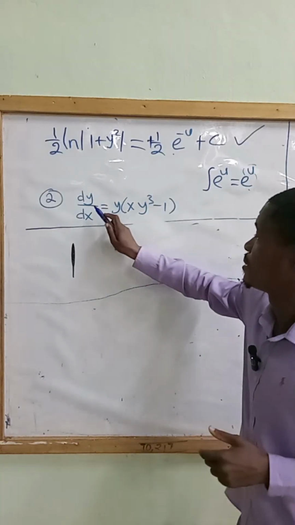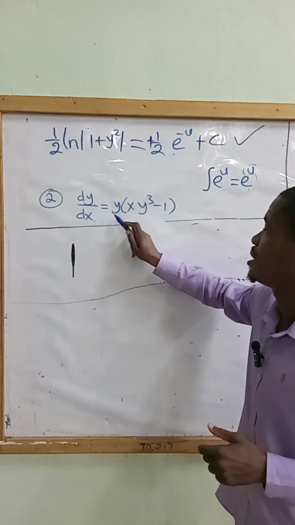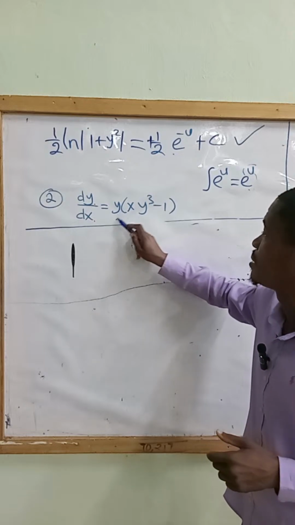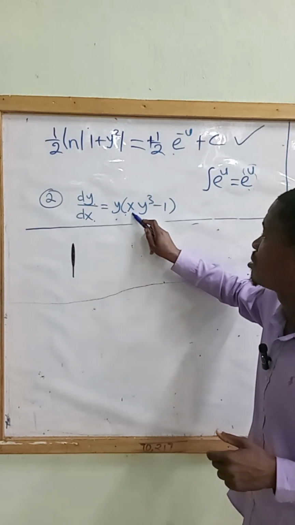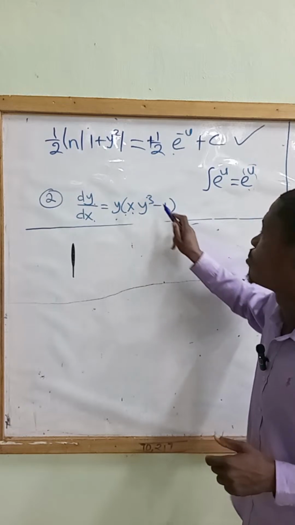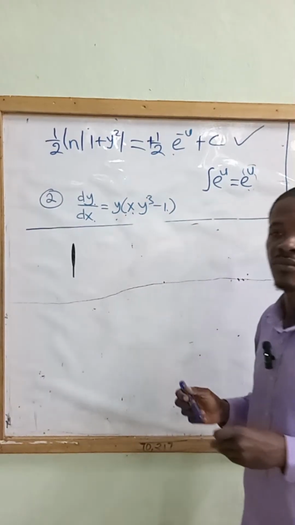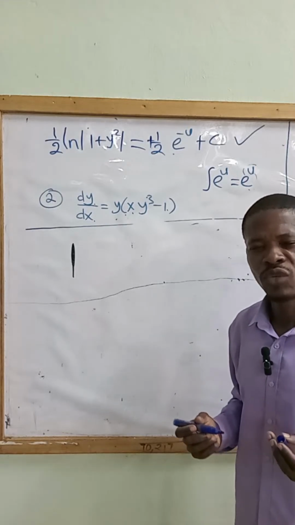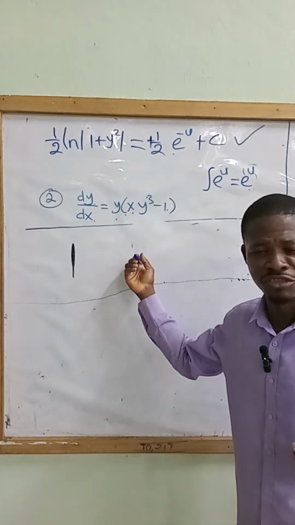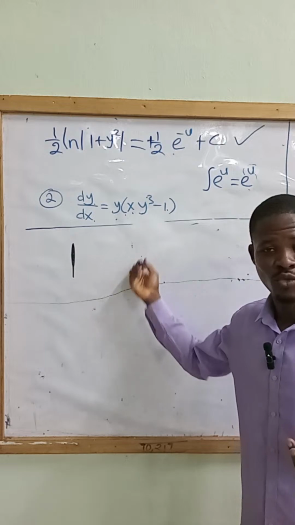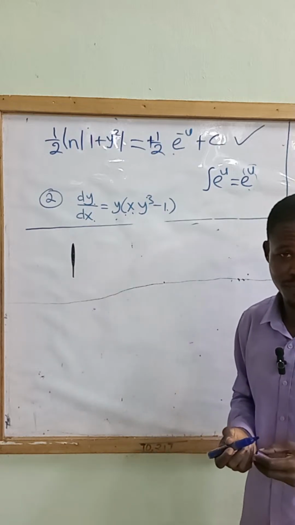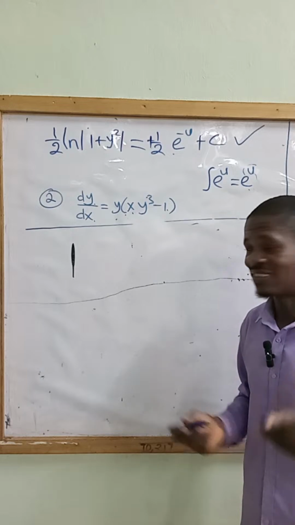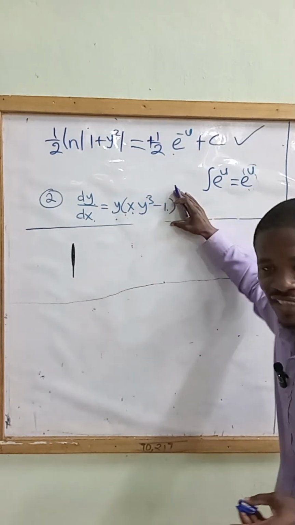We have dy/dx equal to y times x, y cubed minus 1. The question now is, what is the format of this differential equation? What method are we going to use? Before I answer that, let's expand this equation.